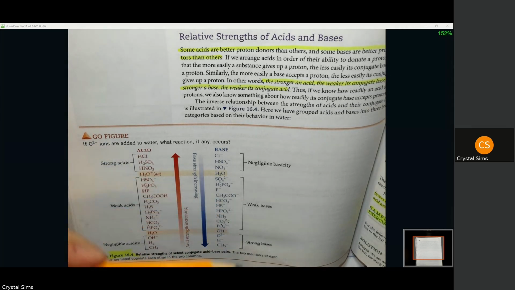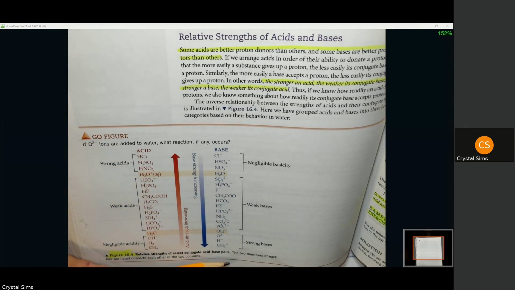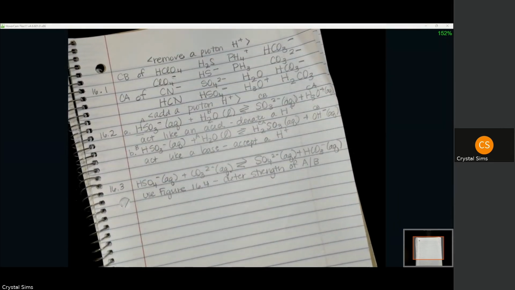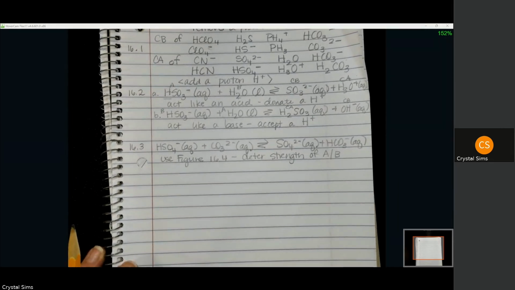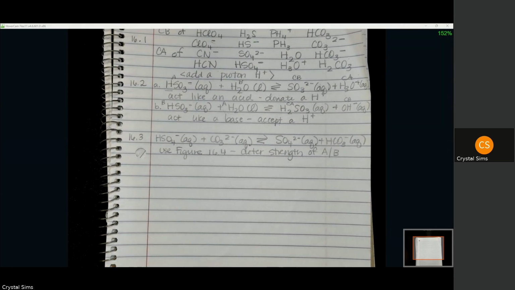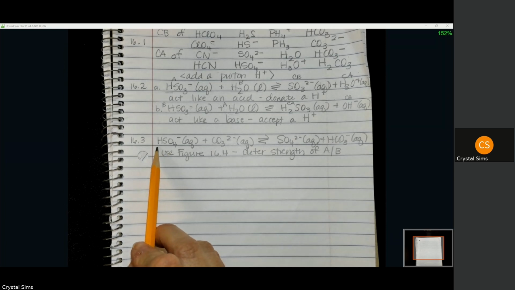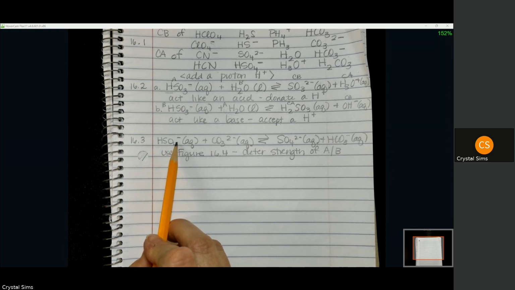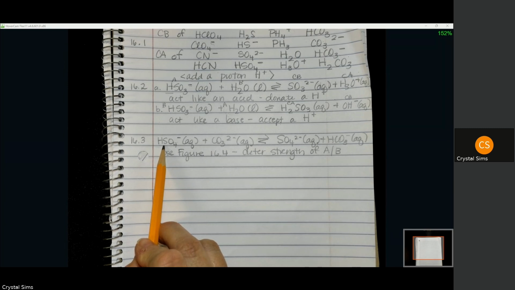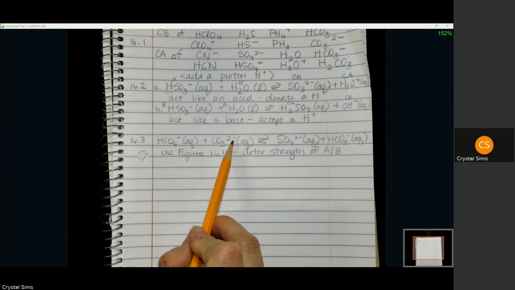And then on the base side, the bases down here are the strongest. So what we have to do in looking at figure 16.4 in determining the strength of our acids and bases is figure out, is HSO4 minus a stronger acid than CO3 2 minus a base?